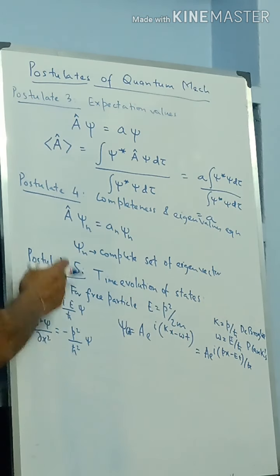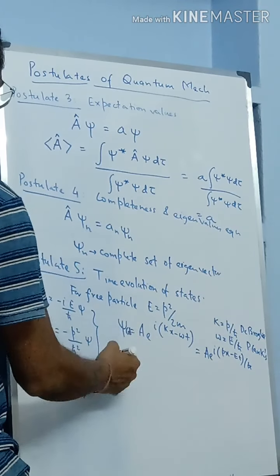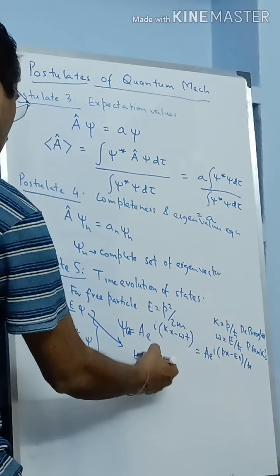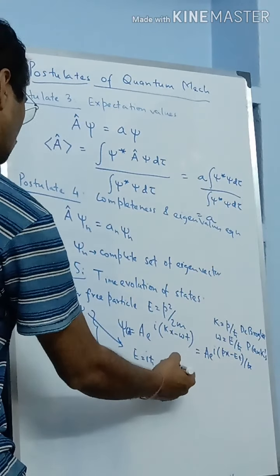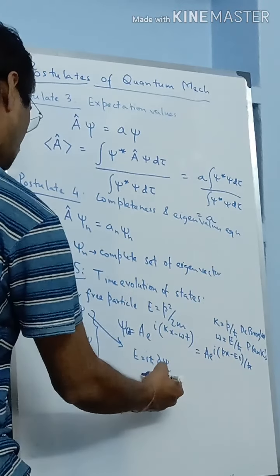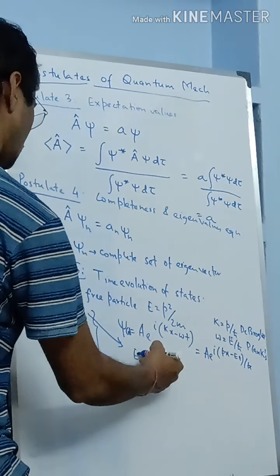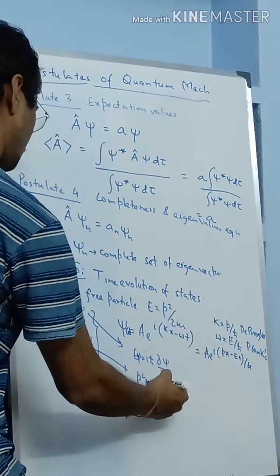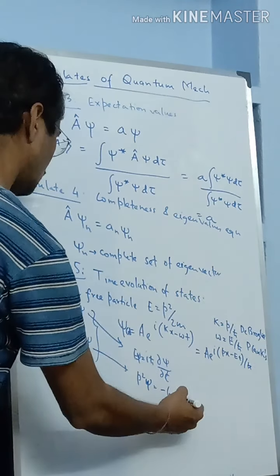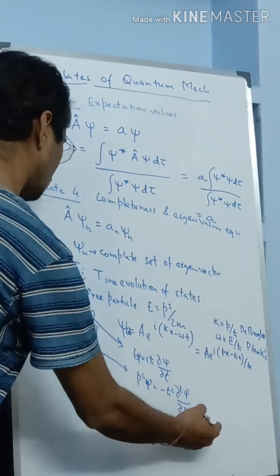So if we want to relate these two, from here we can have E psi equal to i h cross del psi del t, and similarly p square psi is going to give us minus h cross square del 2 psi del x square.